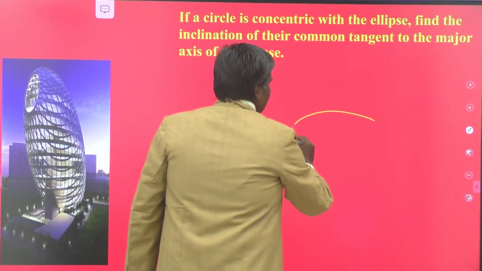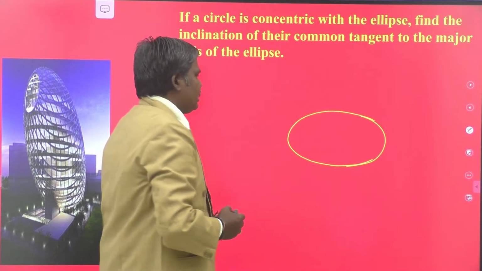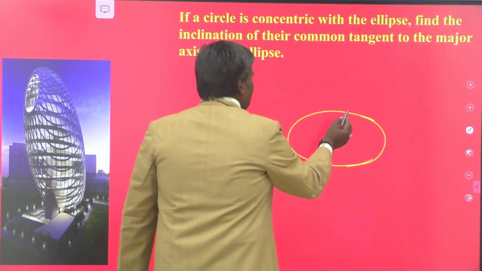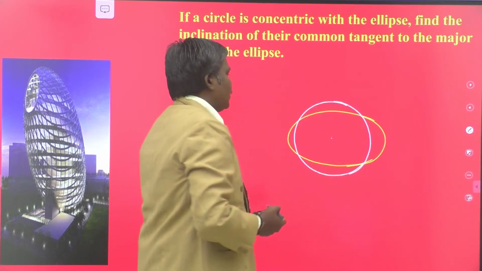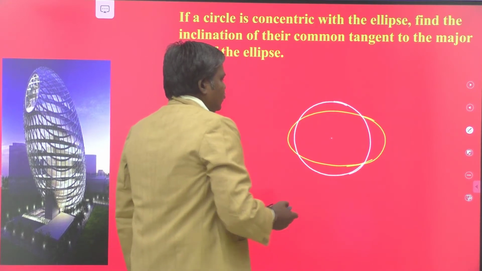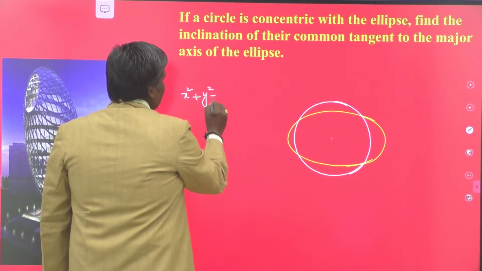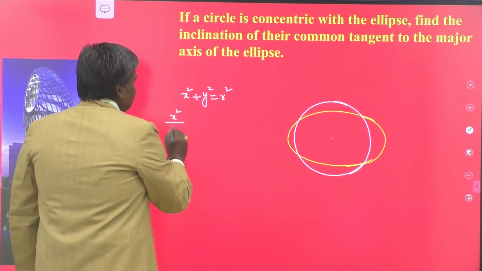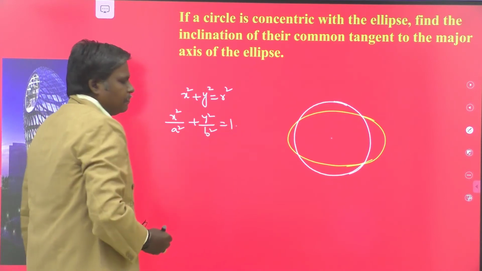Suppose your ellipse is like that, x square by a square plus y square by b square is equals to 1, and the circle of radius r intersects your ellipse in this manner having same center, that means they are concentric to each other. So what is your circle? x square plus y square is equals to r square is your circle. Ellipse equation is x square by a square plus y square by b square is equals to 1.